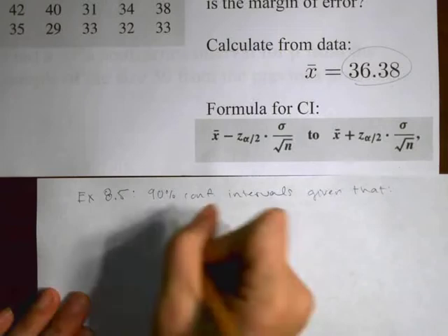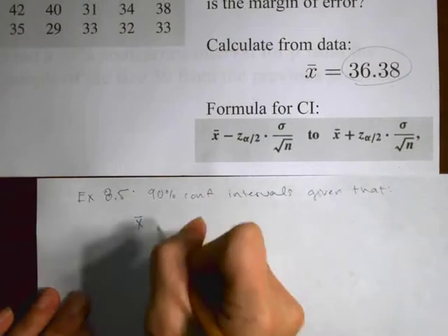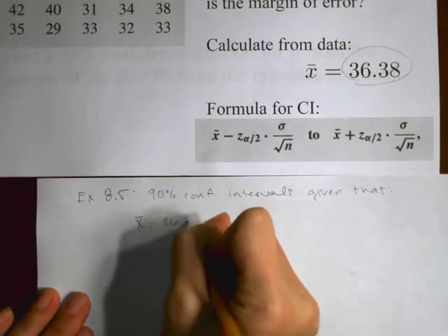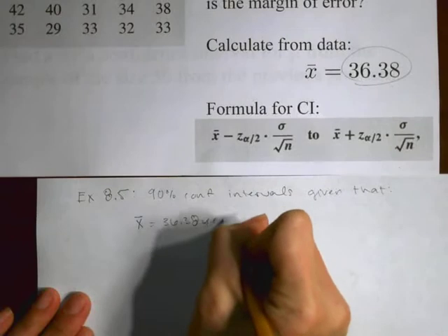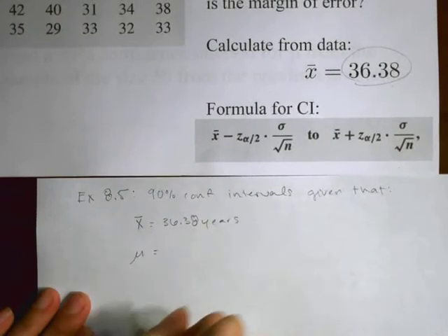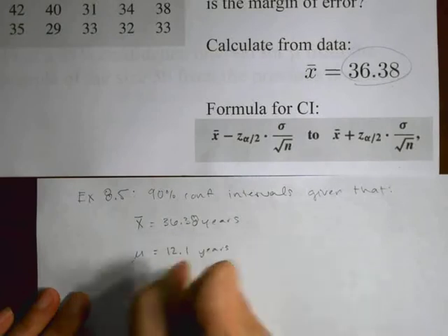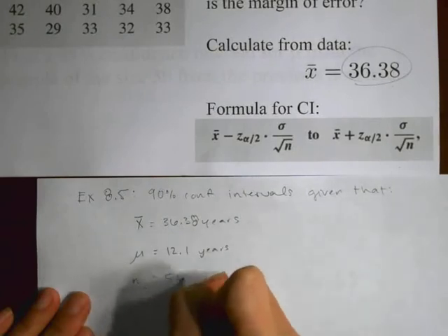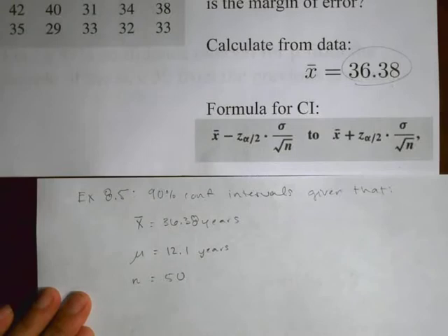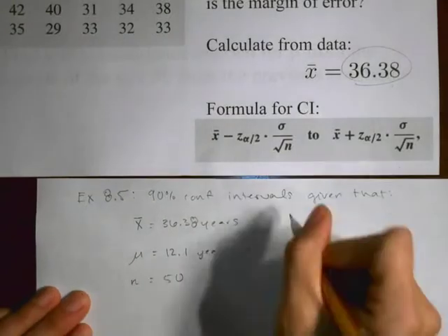Given that I know that the mean value of the sample is 36.38 years. The population standard deviation is 12.1 years. And the number of samples is 50.